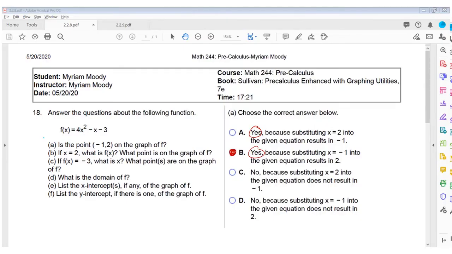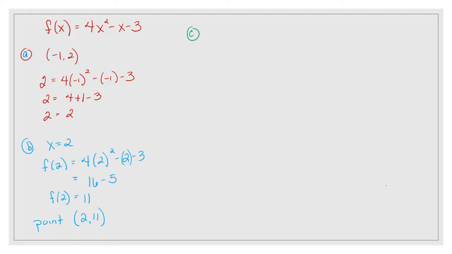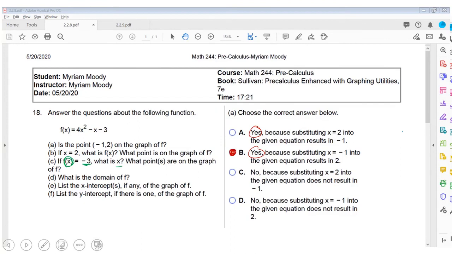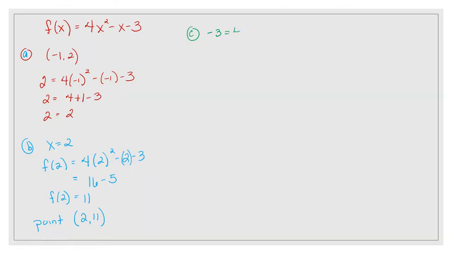Okay. Well, I saw part C there. Let's see what they want. If f of x is -3, so is x -3? No, because it's over here. It's not in place of the x here. So -3 is equal to, good, y. And they want to know what x is. All right, so we have -3 equaling this function.